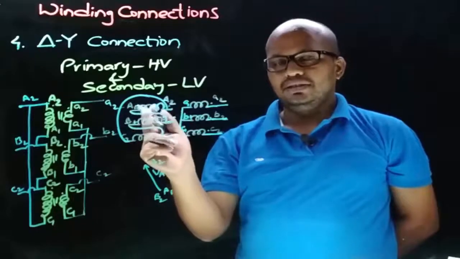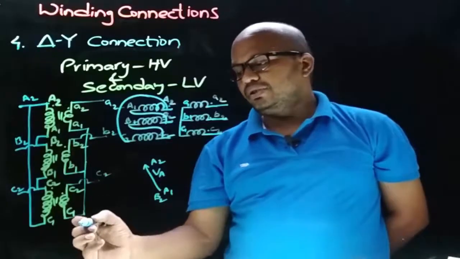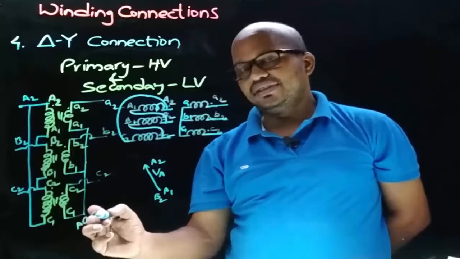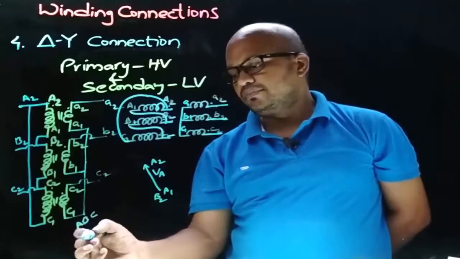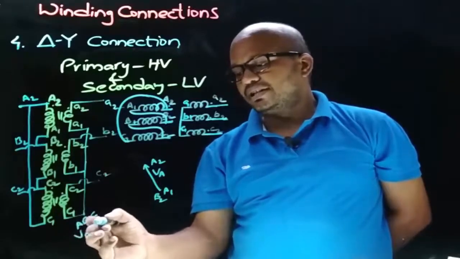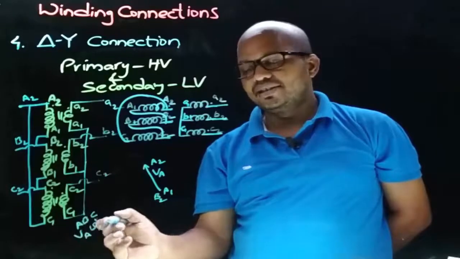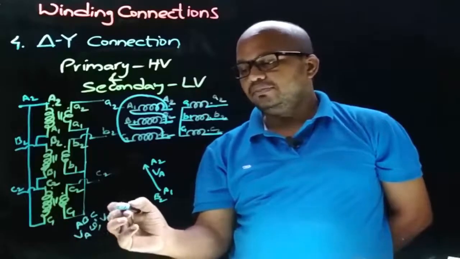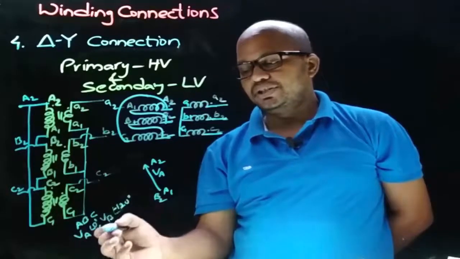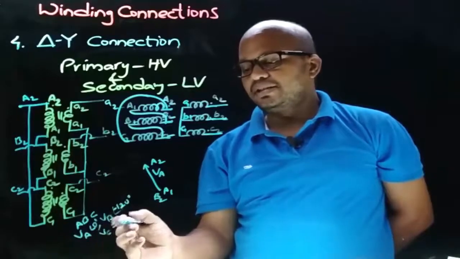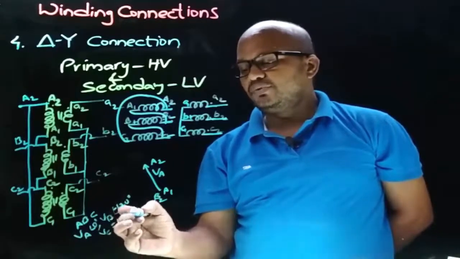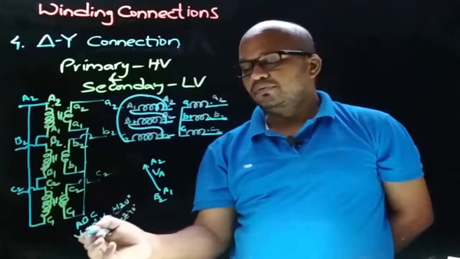Now let's draw the VB phasor, and we know that for ABC phase sequence in a three-phase system, if VA is at an angle 0 degrees, that is VA is taken as reference, then VB will be at an angle minus 120 degrees and VC will be at an angle minus 240 degrees from VA.